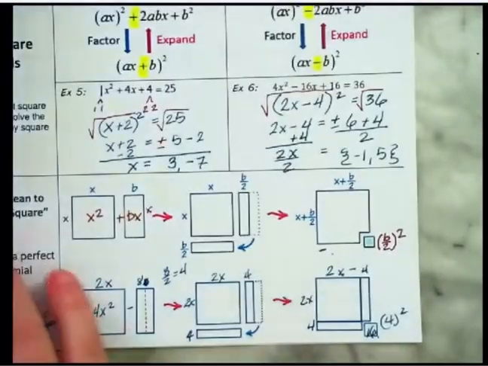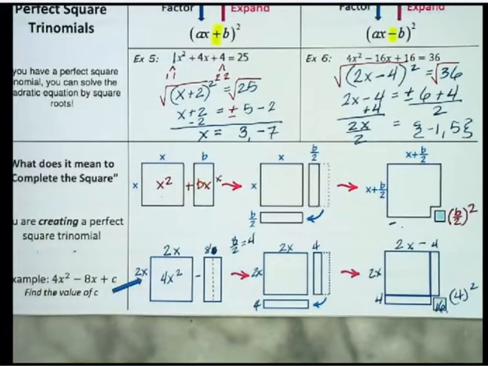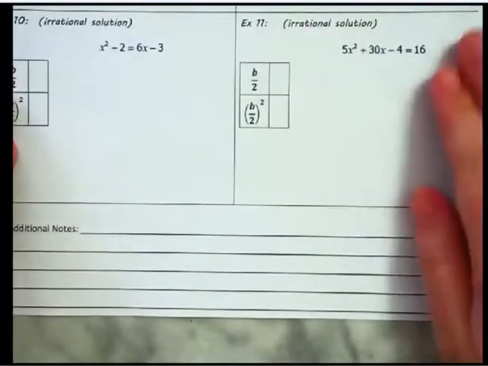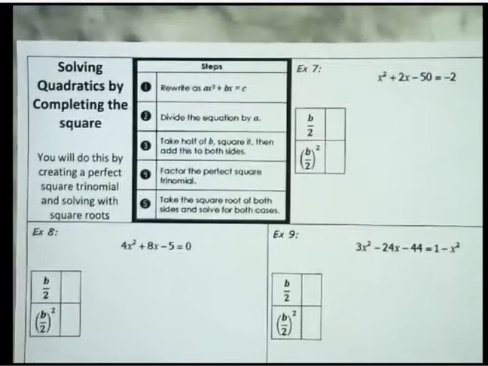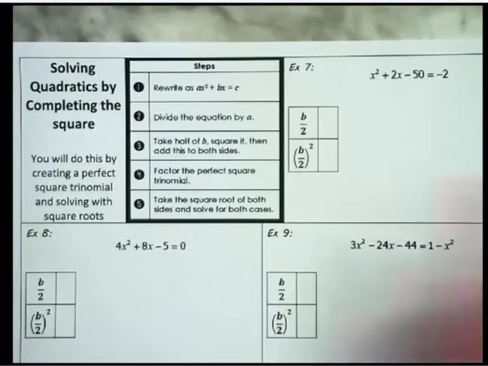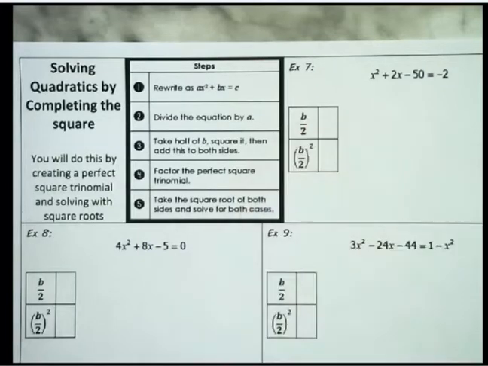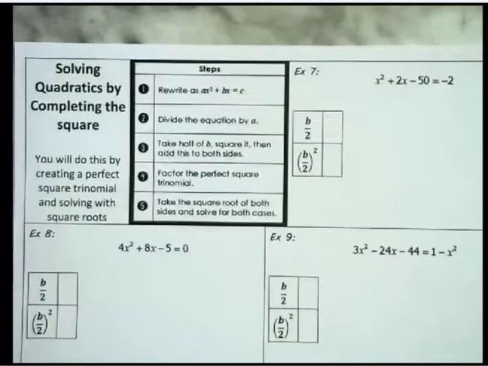Let's now jump into standard examples of using this method to solve. So here we go, solving quadratics by completing the square. Notice you see b divided by 2, just like we did here.